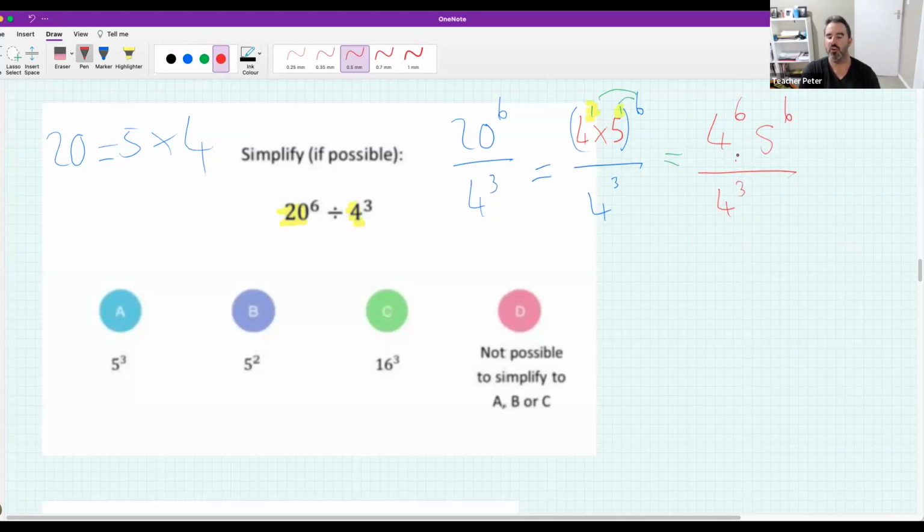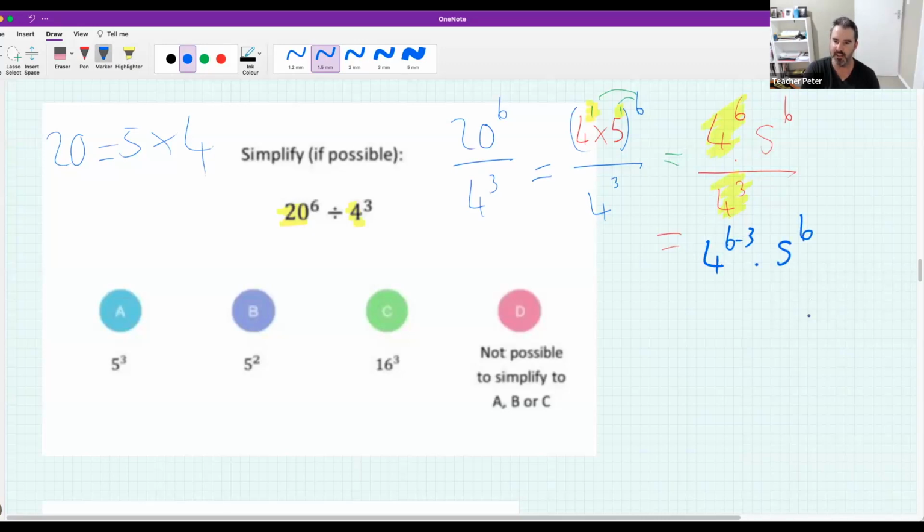Okay. So if we look at that, we can now get to that step. Now, here's the thing. This is a tough question, and I'm not going to spend too much time on it because it's a bit too tough for this early in the lesson. But the bases are now the same here. And so what I can do is I can say, look, for the yellow bits, it's just going to be 4 to the 6 minus 3.